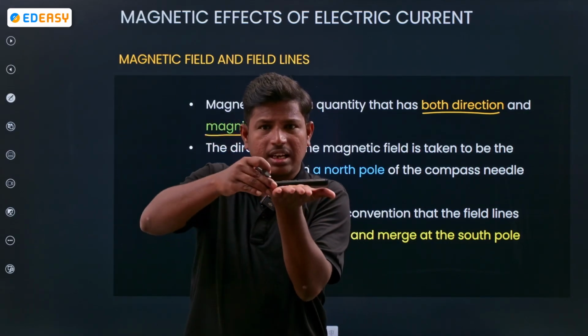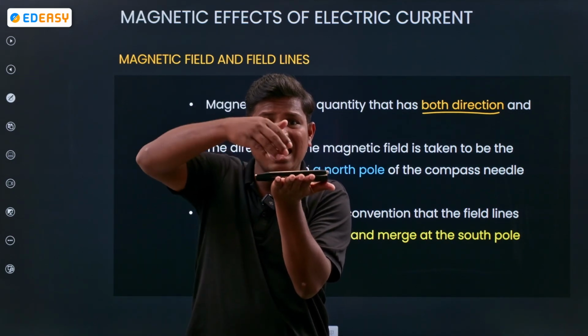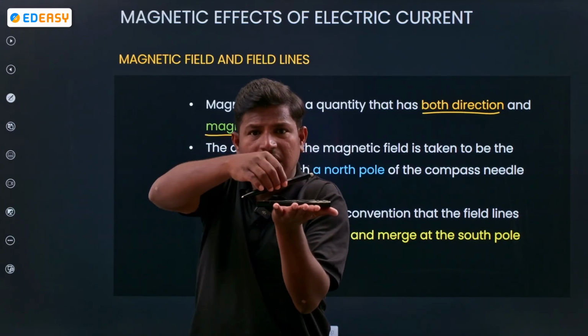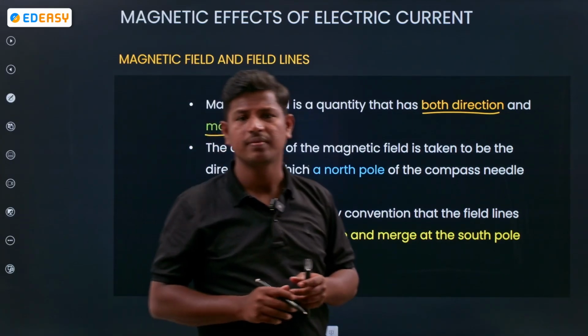For suppose, let us take this is a magnet. I am placing a pen here. How will the attraction be? It is attracting very quickly. Then the magnitude is maximum. Attracting slowly, the magnitude is minimum.